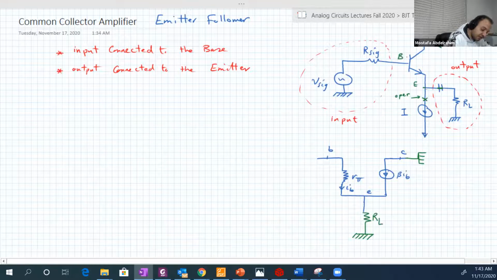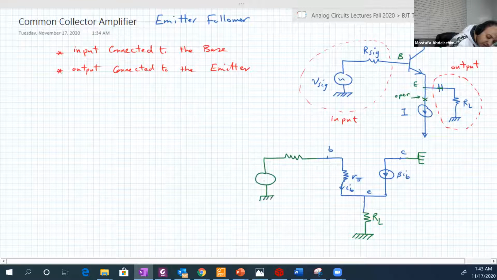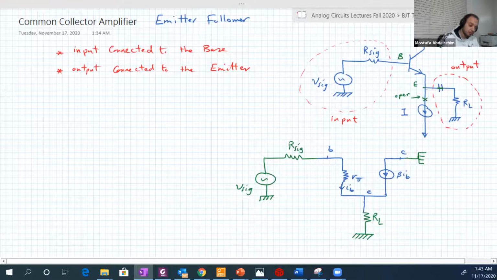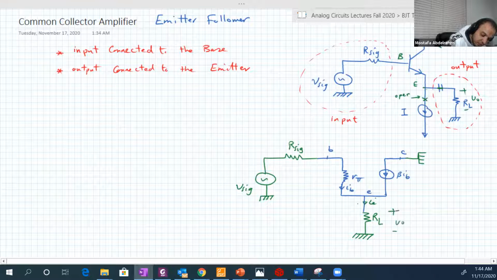Then we have lastly the base. The base is connected to our signal, V signal, then the ground. Before we continue, here is IB, here is beta IB or IC, here is IE, and here is VO. VO is the voltage across RL from the emitter to the ground.